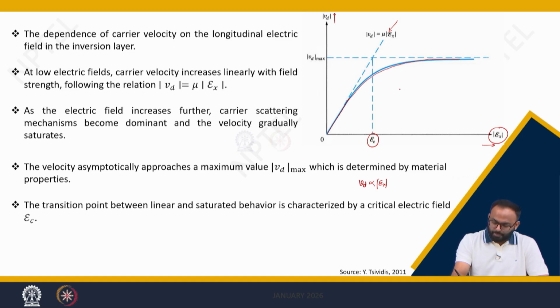So I can simply say the carrier velocity is mu into Ex when Ex is smaller than Ec, and it is Vd max, or you can rewrite it as Vd sat, where sat stands for saturation, when Ex is greater than Ec. Here Ec is the critical electric field.